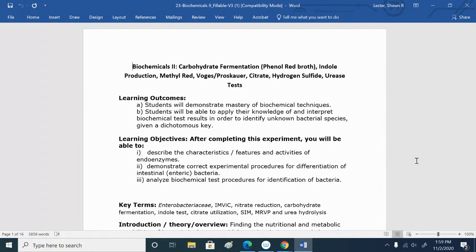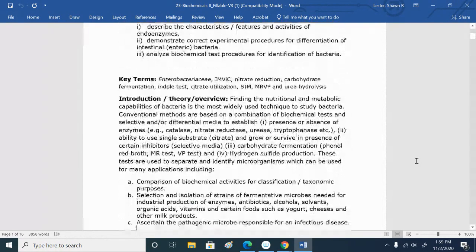Although you can use them for all bacteria, commonly we use them for the gram-negative rods to help us to identify them. So we're going to start by talking about carbohydrate fermentation first.